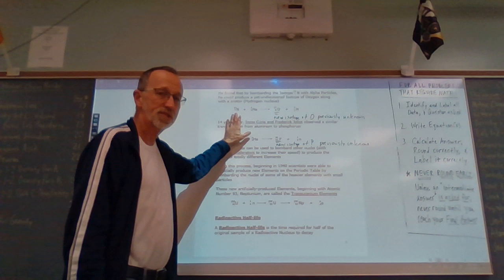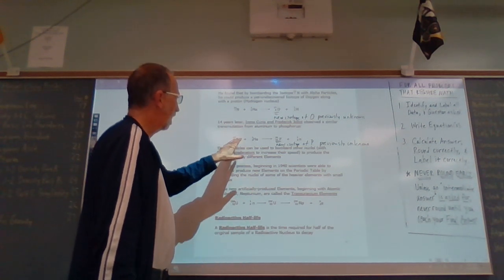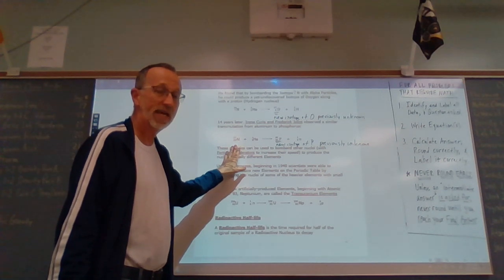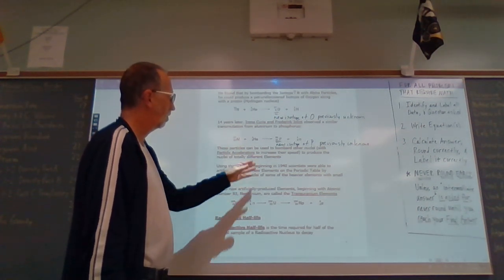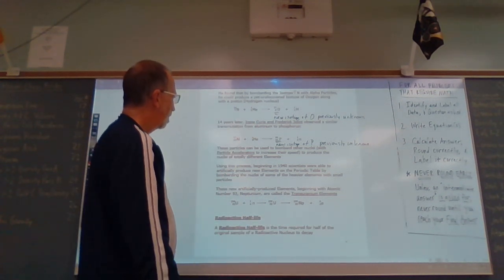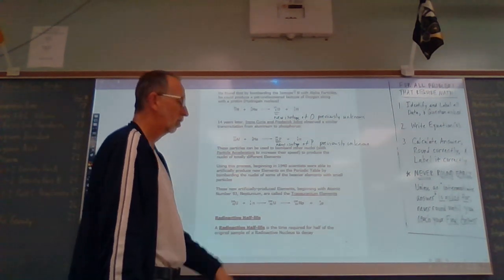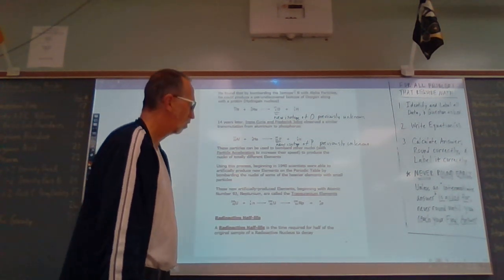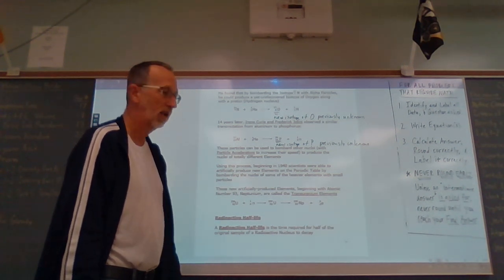Now, notice that Rutherford used nitrogen, which is a fairly small atom, comparatively speaking, and Irene Curie used a larger atom, aluminum. So in each case, they used an alpha particle to start this process. These particles can be used to bombard other nuclei with a particle accelerator, which makes them go very fast, to produce the nuclei of totally different elements.